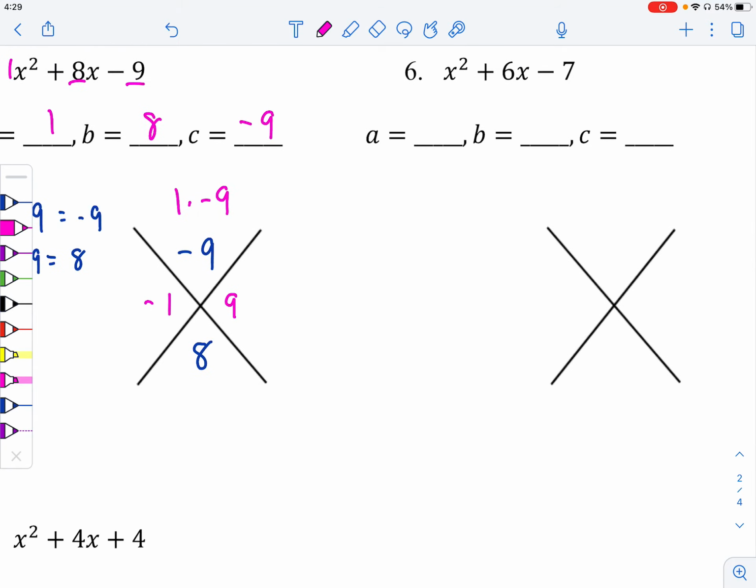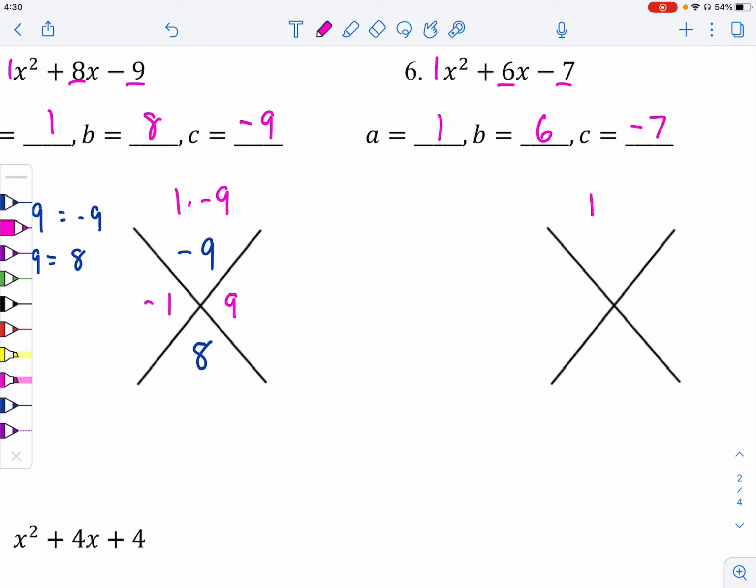Number 6. So you got 1, 6, negative 7. On the top, we have 1 times negative 7, so negative 7. The middle number, 6, goes on the bottom. Then we find factors of negative 7. 1 times negative 7, we just did that.